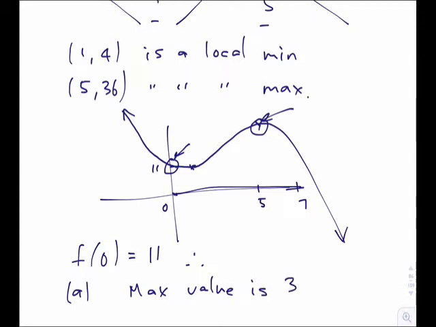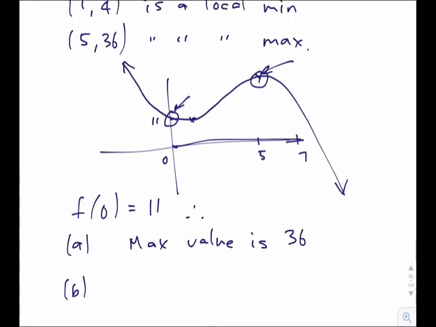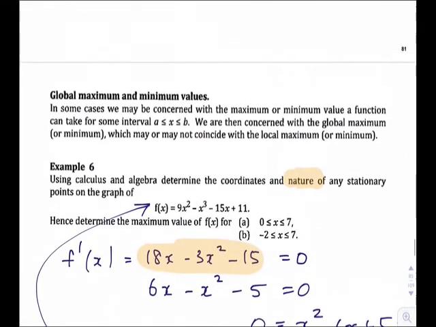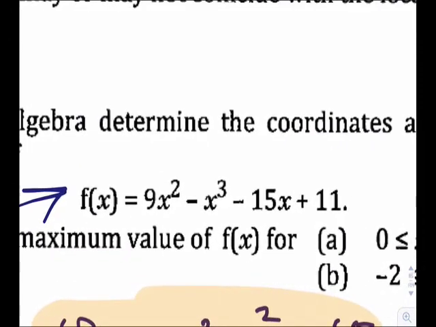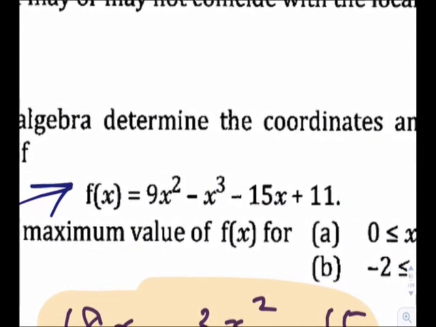Just considering the graph. Okay, for B, what's the maximum value between -2 and 7? If we go right back to -2 on the graph, does this point up here get higher than 36? So f of -2. Again, we're substituting -2 into the original equation: 9 times -2 squared minus -2 cubed minus 15 times -2 plus 11.